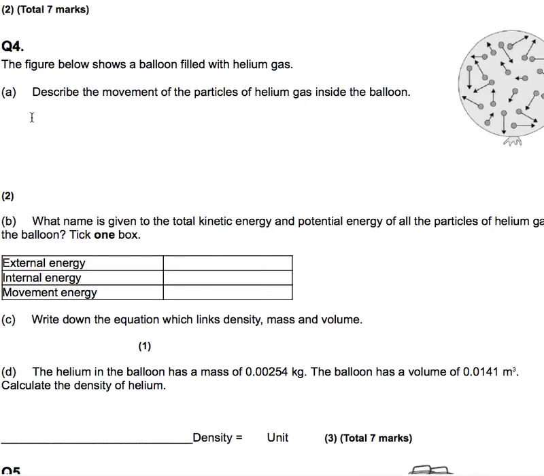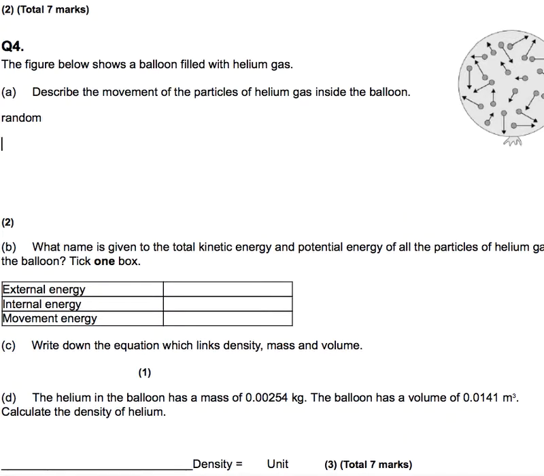Well, we know that the motion is random. They're bouncing around in no particular direction. There are gas molecules moving in all directions. And what else do we know? Well, this is a little bit harder, I think, and very often these 2-mark questions are like that. The first mark is obvious, the second one is less obvious.